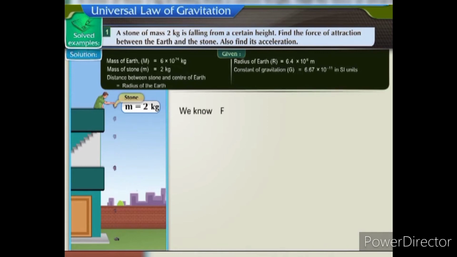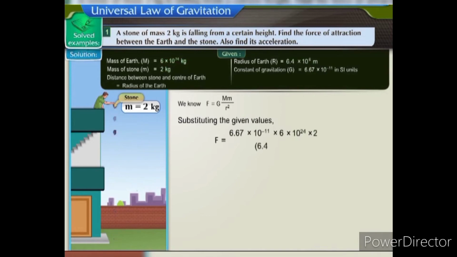We know F is equal to G into capital M small m upon R square. Substituting the given values, F is equal to 6.67 into 10 raised to minus 11 into 6 into 10 raised to 24 into 2 upon 6.4 into 10 raised to 6 whole square.